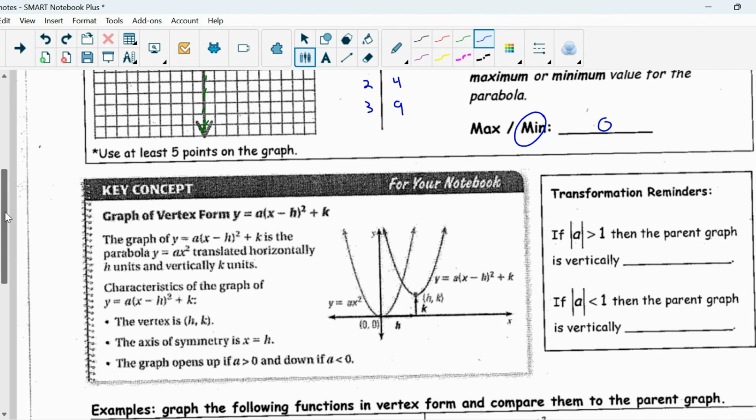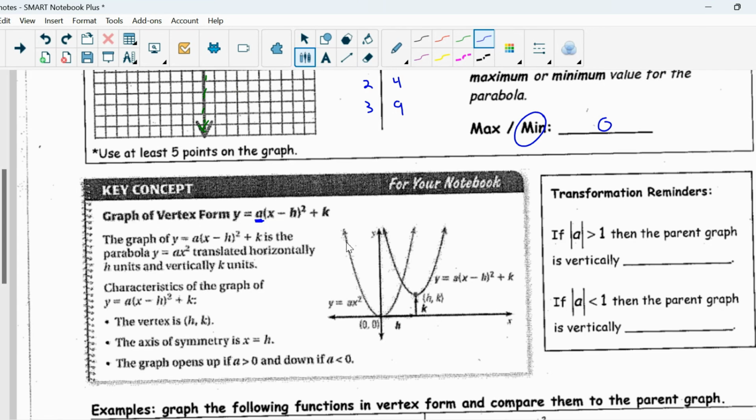Okay, so our first key concept here is we are taking a look at our vertex form. Vertex form is very similar to standard form, although our A value is out in front now. We have our H value and our K value.